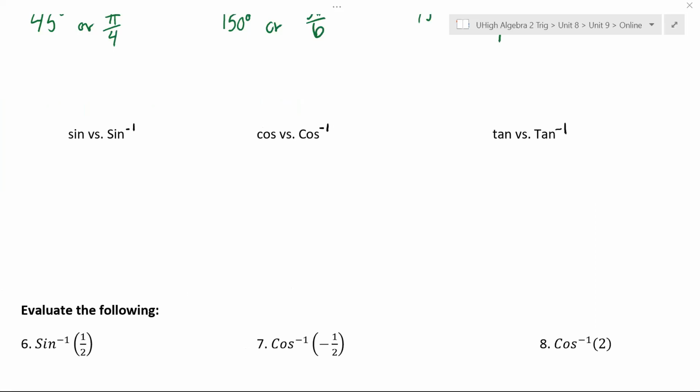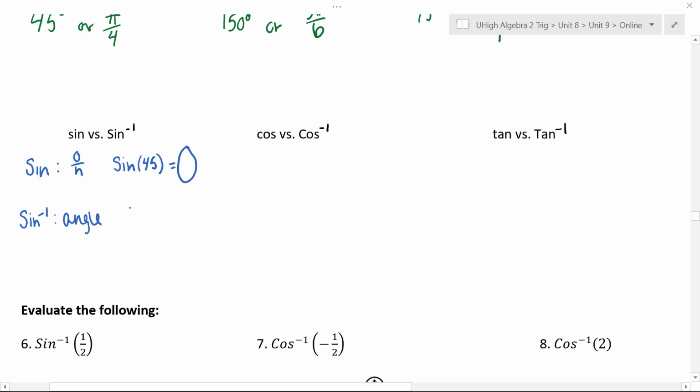Whenever I talk about the sine of something, I talk about my opposite over my hypotenuse. So I'm looking for the ratio of these two sides when I'm talking about the sine. If I said I was looking for the sine of 45, I would be looking for that ratio. When I'm talking about the inverse sine of something, I'm looking for the angle measure.